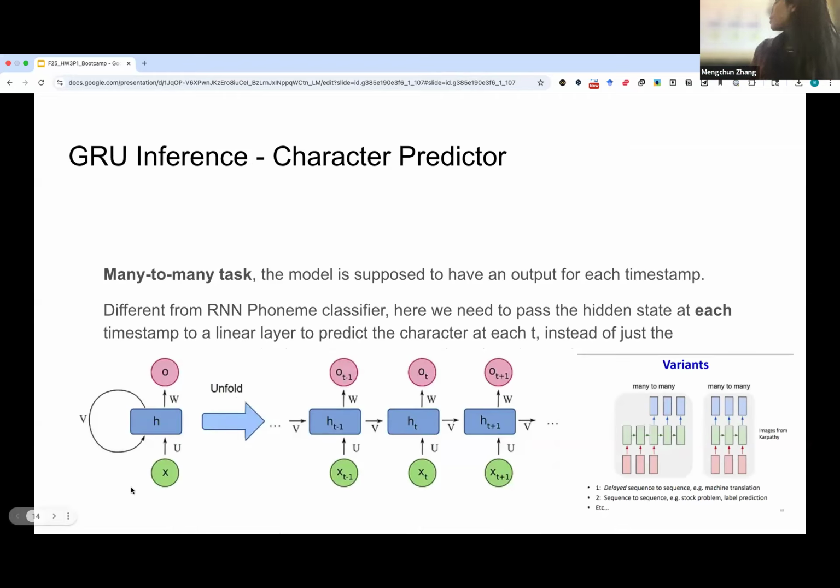That can be taken as a many-to-many task because you generate multiple characters for multiple sequences. This is a little bit different from the RNN classifier. Here, the hidden state at each time step is also passed to the linear layer to predict the character at each time step.